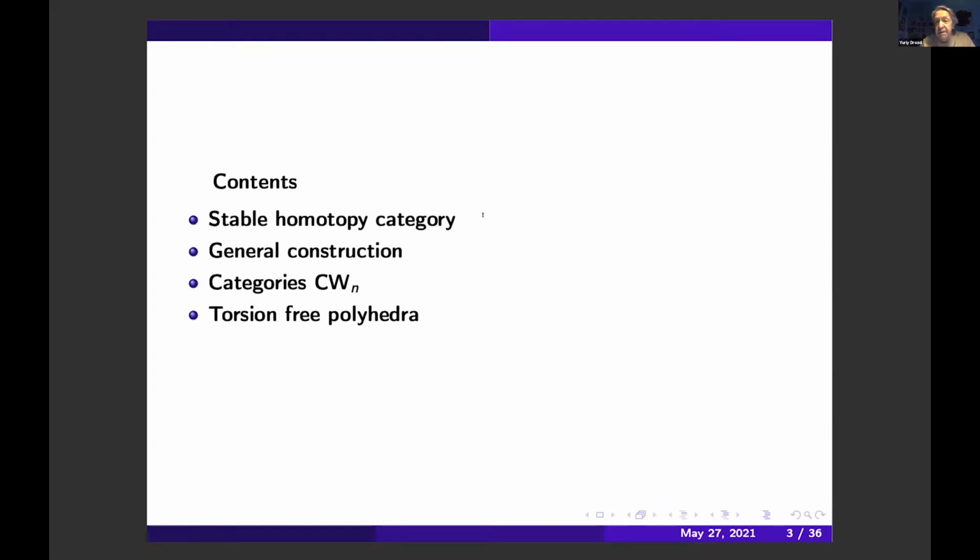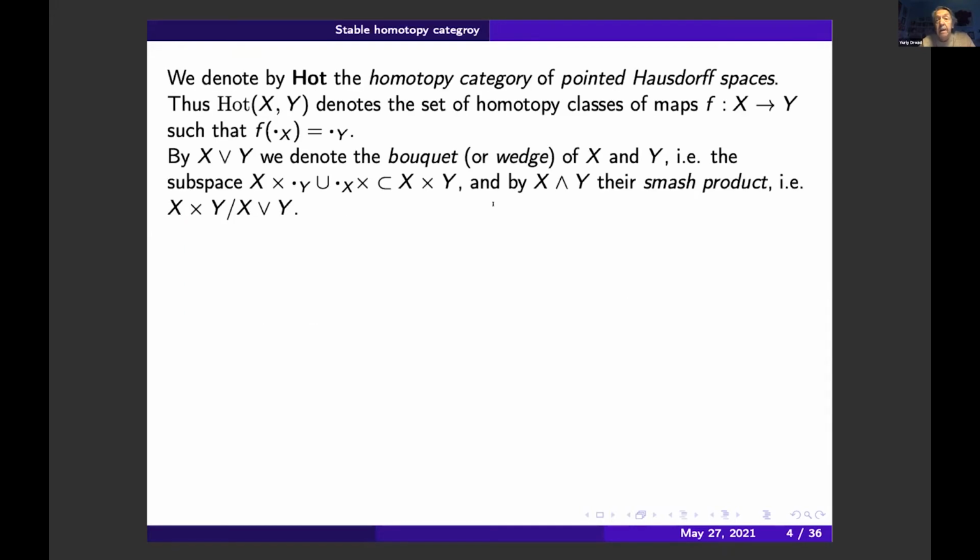First, I will say several words about stable homotopy categories, then go to the general construction, and then consider the categories I was speaking about. By Ho I denote the homotopy category of pointed Hausdorff spaces. Thus, Ho(X, Y) is the set of homotopy classes of maps which preserve the fixed points.